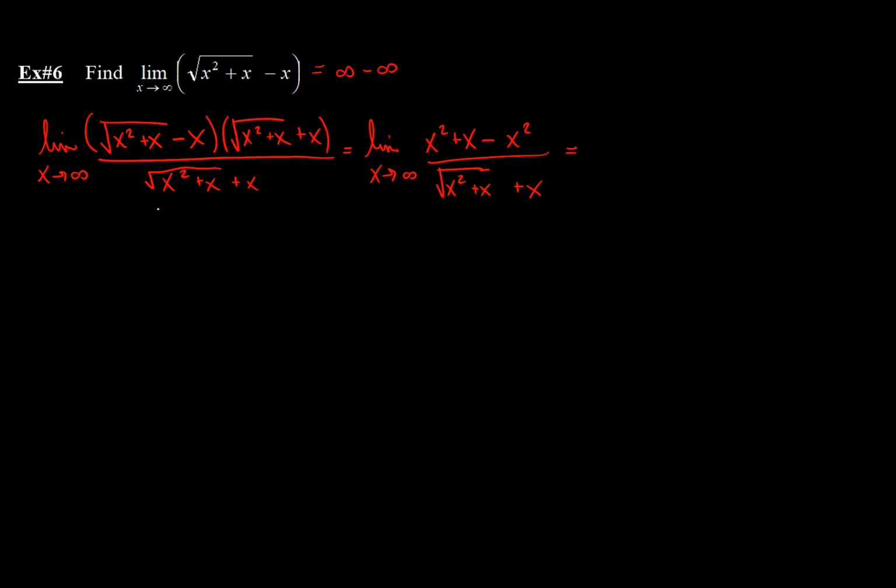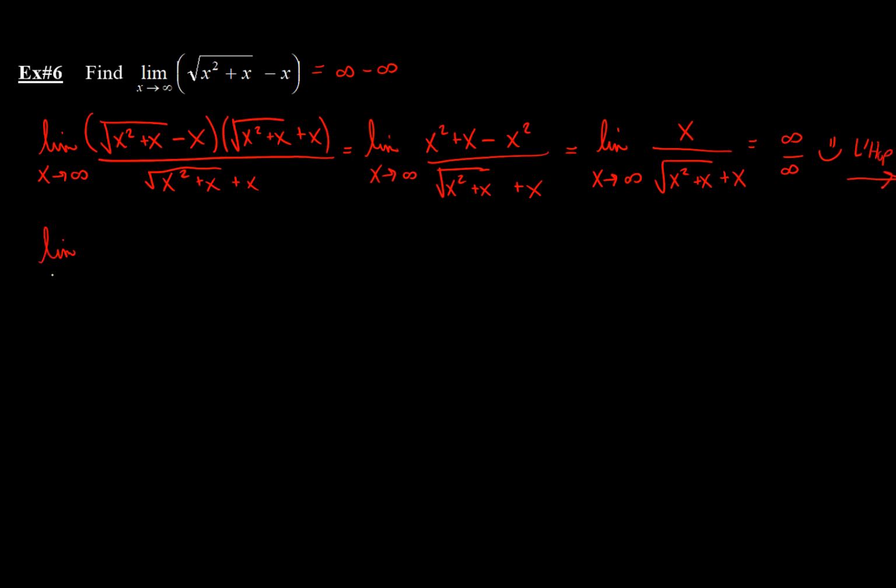Then, sorry for that lip smack. Then, notice our x squareds cancel. And if I plug this in, I'm going to end up with infinity over infinity. So I can use L'Hôpital's.